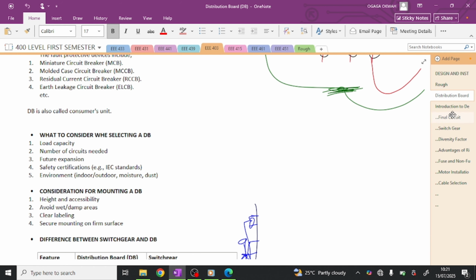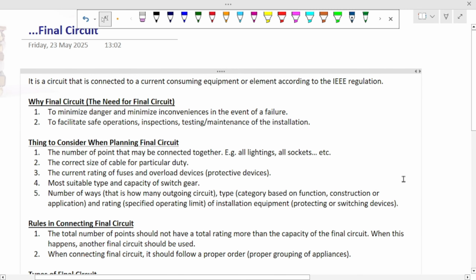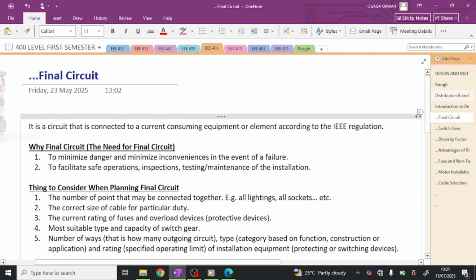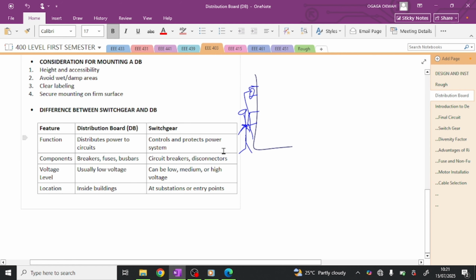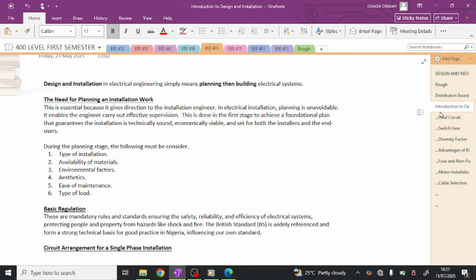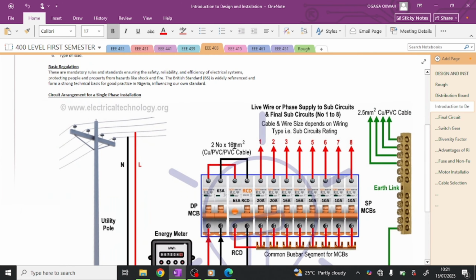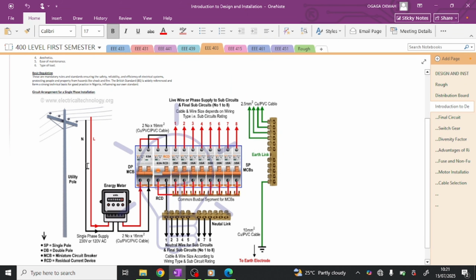So in this video we are going to study the final circuit, what it means and how to go about it. Recall that in our previous video we did this, where we talked about this connection from the power line to the meter and then to your distribution board.